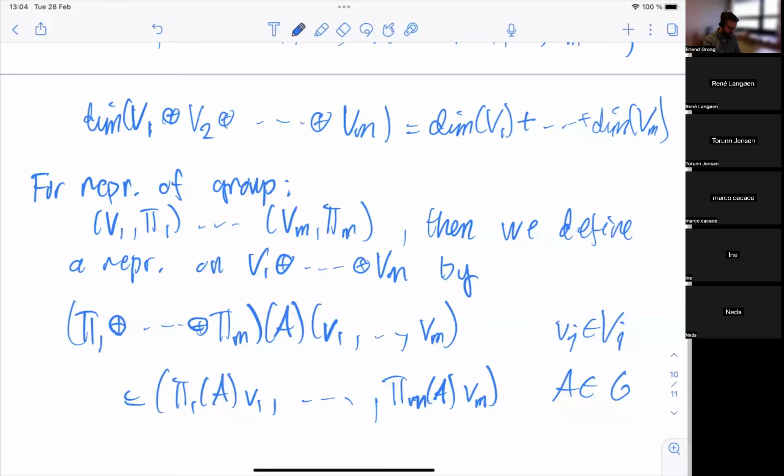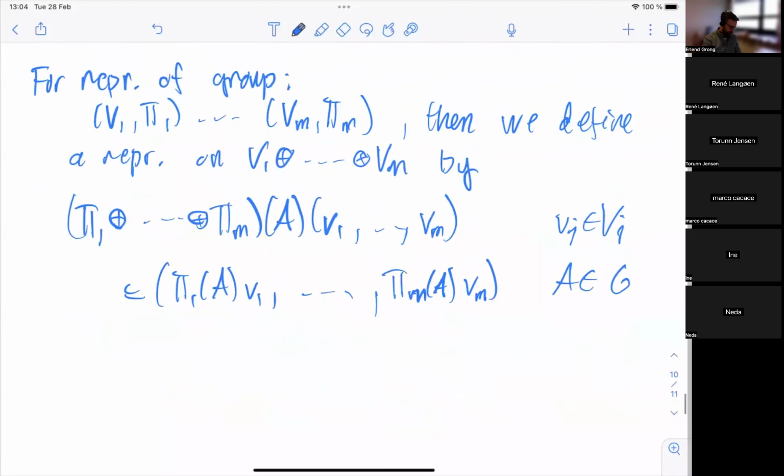Continue. So for representation of the algebra, it's more or less the same.